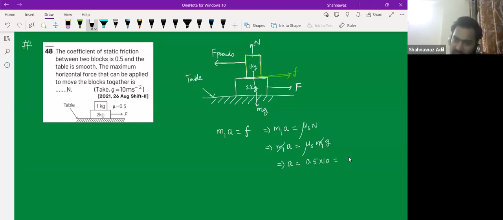So this is 5. The acceleration is 5 meters per second square.